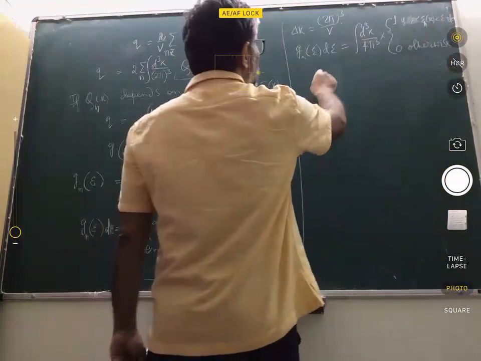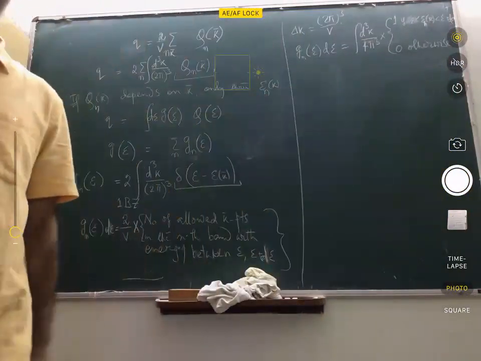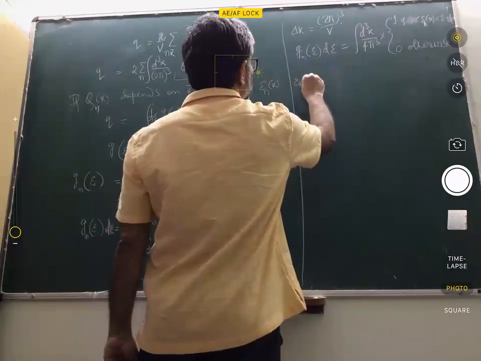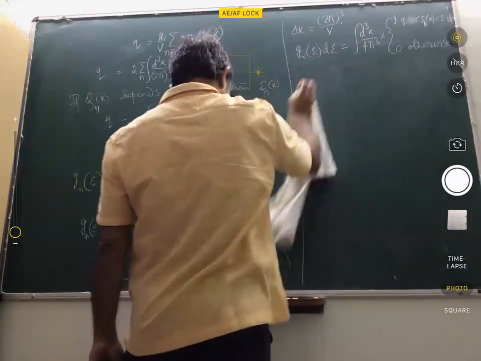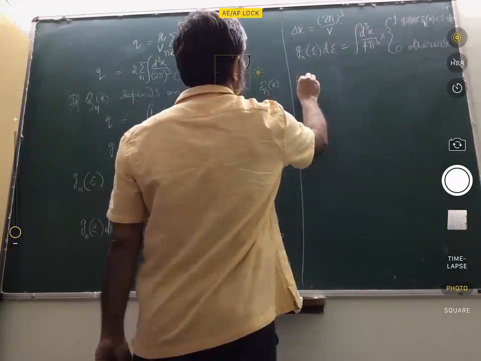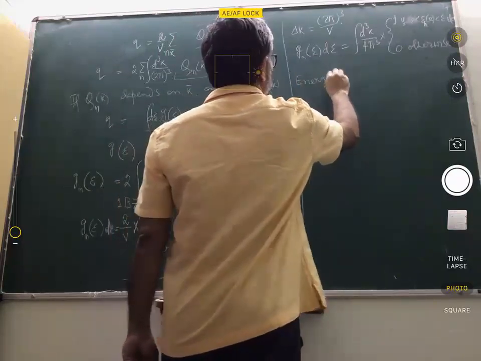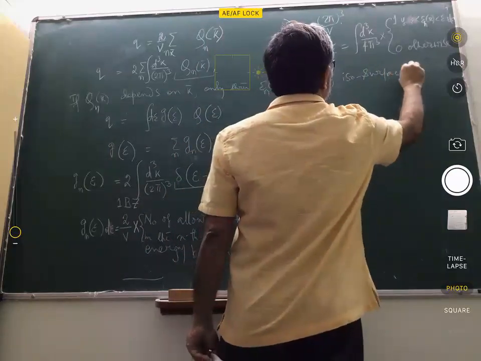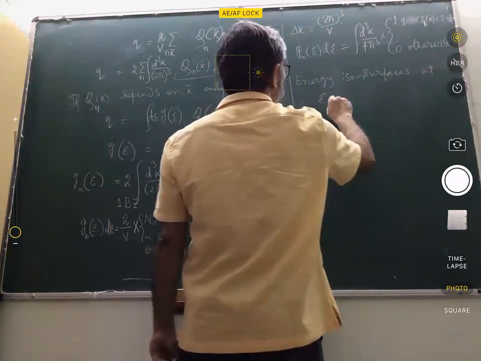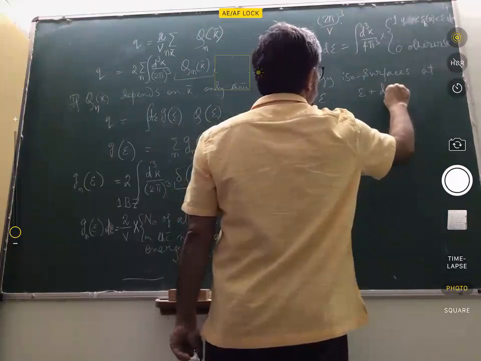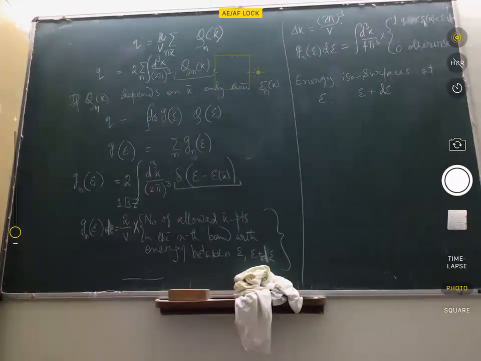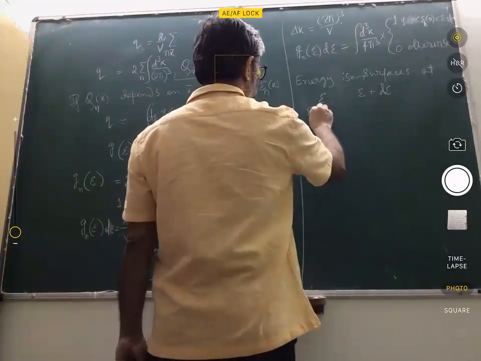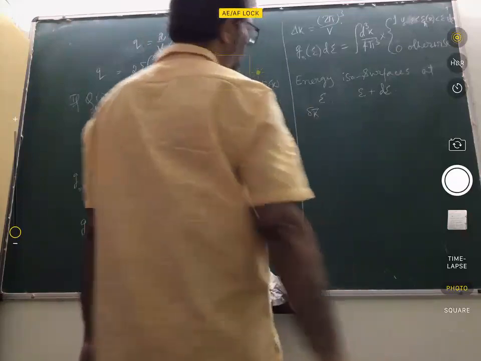I consider two energy surfaces, or what I would call energy isosurfaces, epsilon and epsilon plus d epsilon.